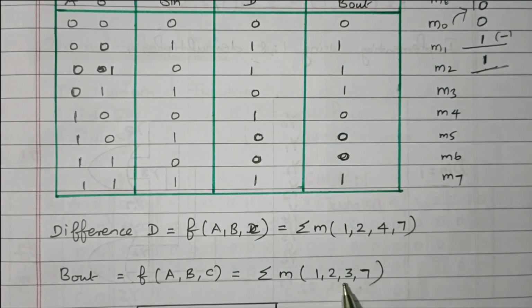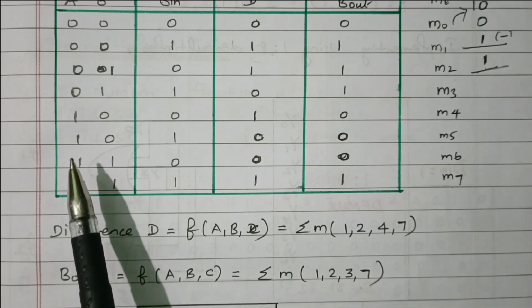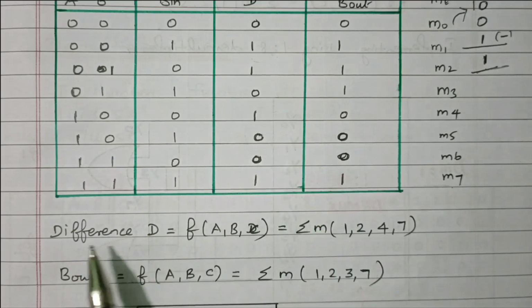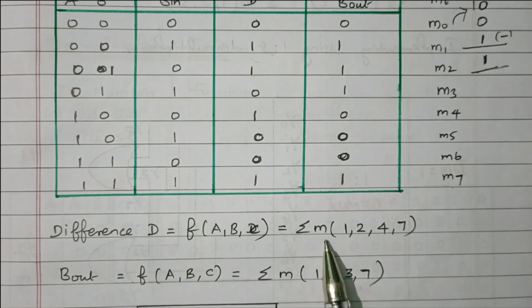So 1, 2, 4, 7 are the required outputs for difference, and 1, 2, 3, 7 are the required outputs for borrow out. Now we have the truth table, and from that we got the logical expressions for difference and borrow in terms of min terms.